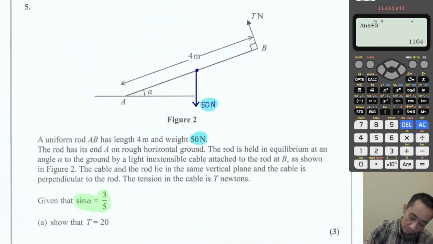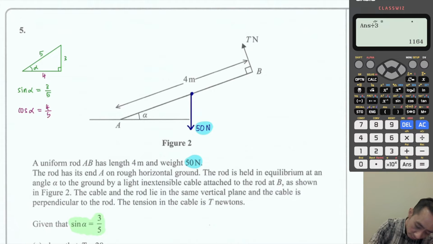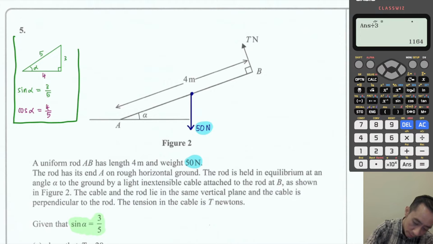For this alpha, we are told that sine alpha is 3 over 5, which means 3 here, 5 here. Pythagoras theorem, so here we found that it is 4. So cosine alpha is 4 over 5. I just prepare this in case we are going to use it later.